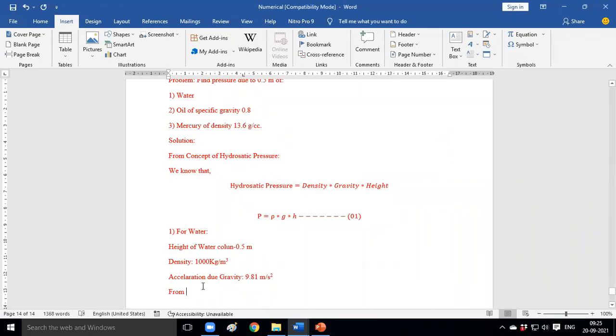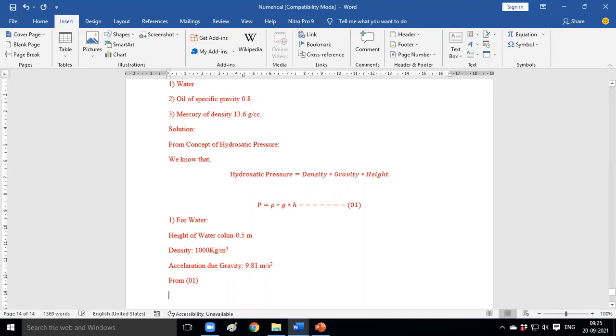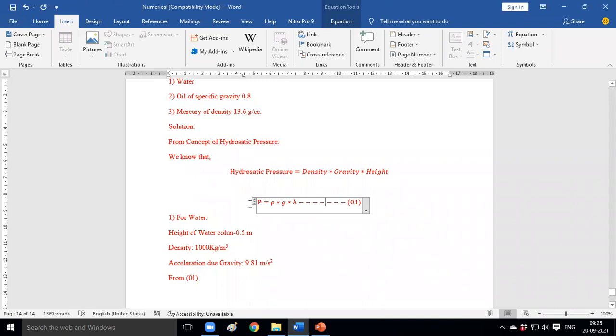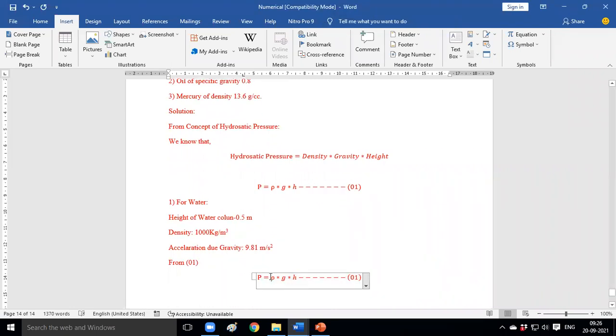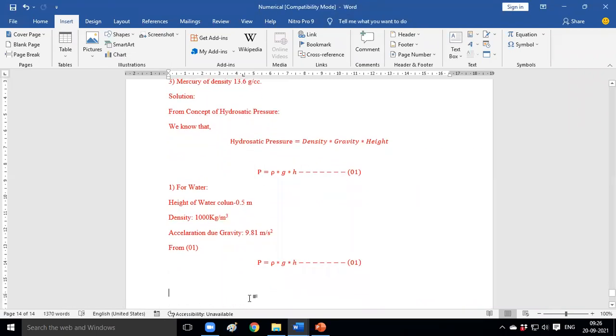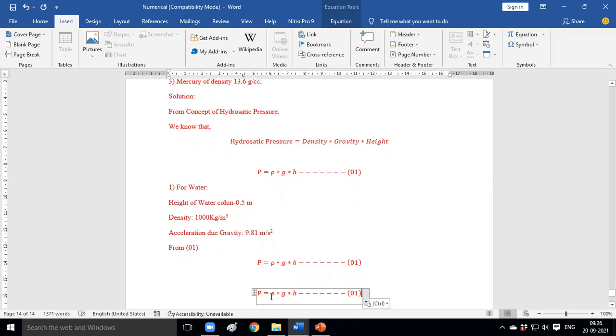So from equation number 1, we can put in the values. Is equation number 1 as well as the screen visible? Yes, sir. So put the values in equation number 1 and tell me the value of the hydrostatic pressure.